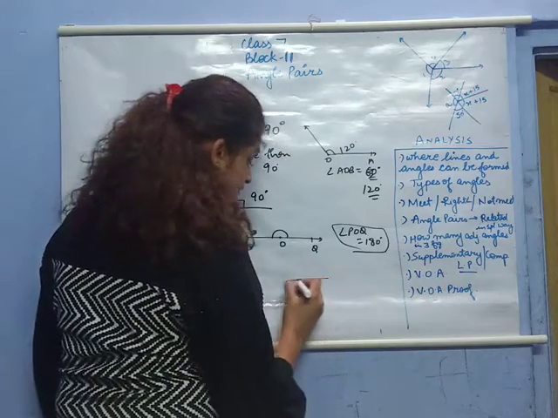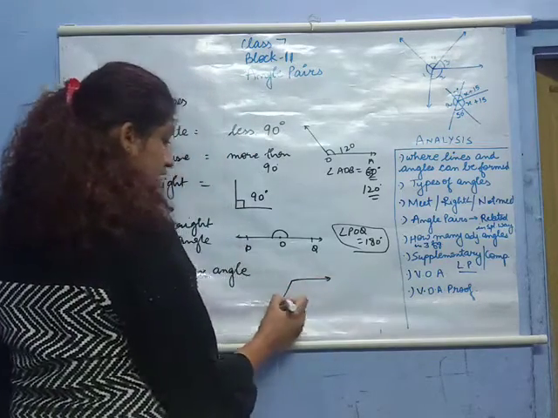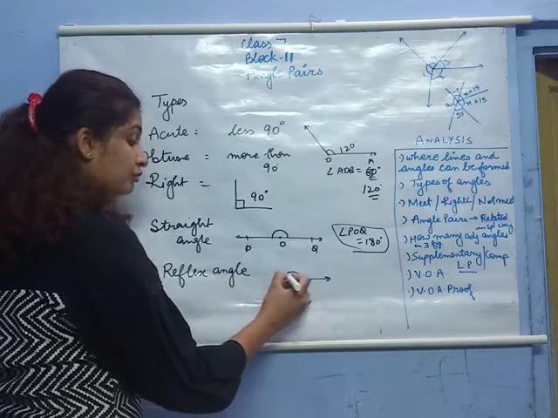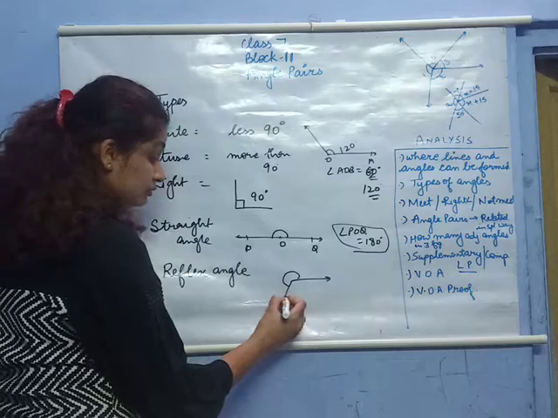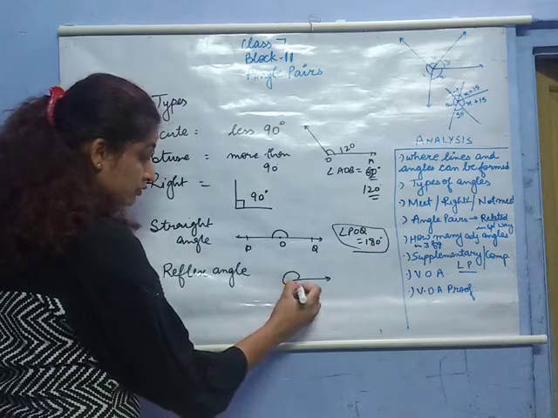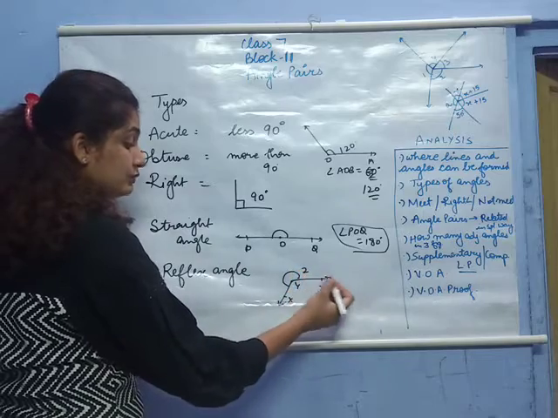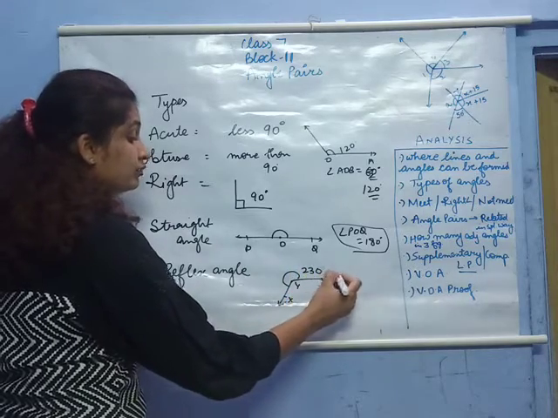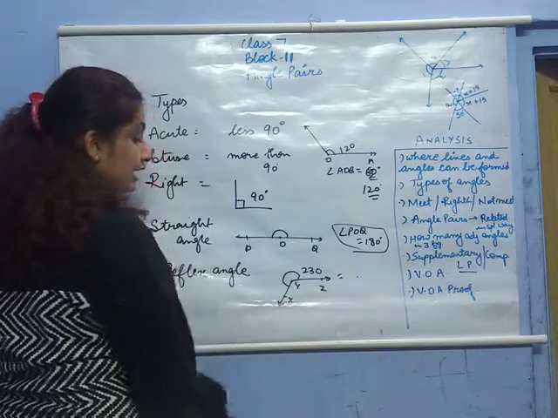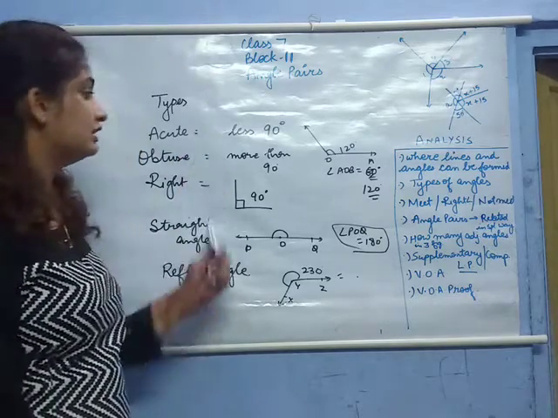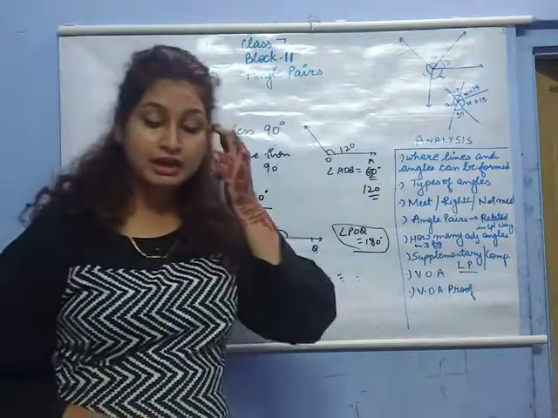What is a reflex angle? More than 180 degrees. See, this was 180 degrees and this is something more than 180 degrees, right? So angle XYZ is more than 180 degrees, suppose 230 degrees, it will be a reflex angle, right? So, these are all the types of angles which we have done.